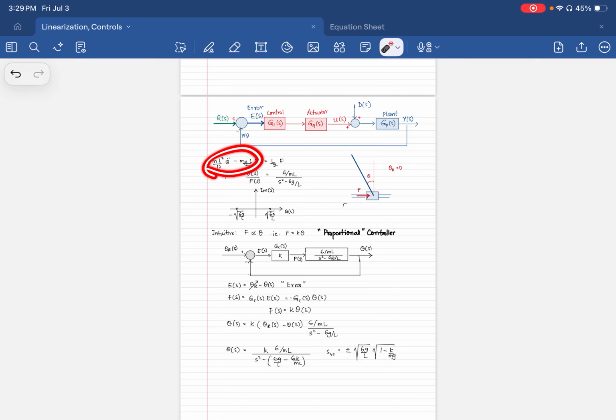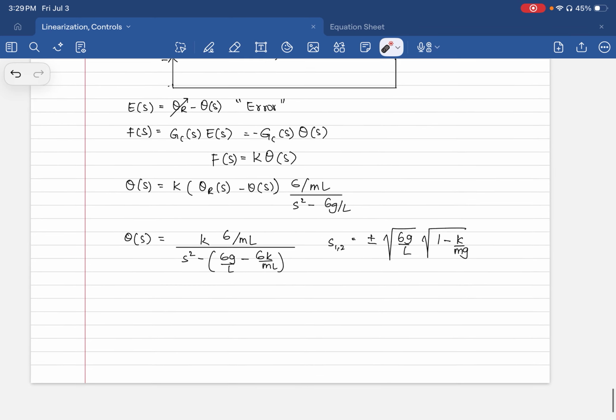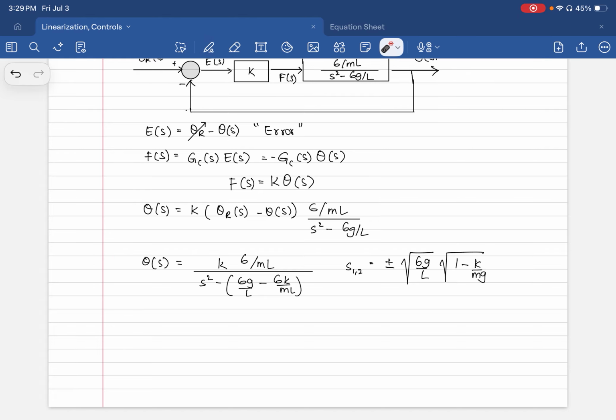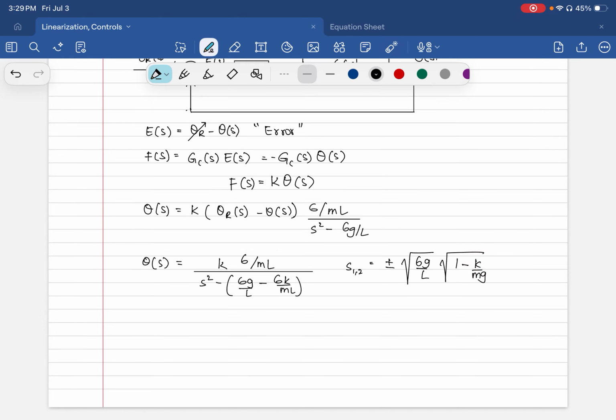If your force is directly being applied without having some proportionality to the error, then this here was the pole. Now we have the ability to change the pole of the system based on how K is affecting it. Essentially now, if you analyze this, you will have that this here is your original pole, plus or minus root over 6g over L.